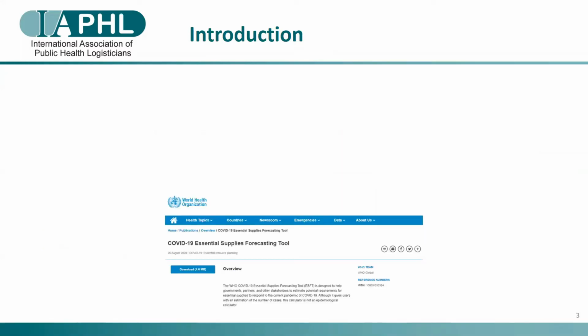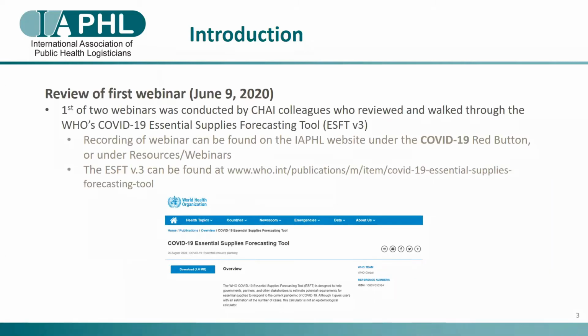This presentation probably will not make a whole lot of sense if you did not attend the first one, but we'll try our best. I encourage you, if you're interested in this tool, to go back and review the first webinar done on June 19th. It was conducted by CHAI, the Clinton Health Access Initiative colleagues who worked on WHO's COVID-19 tool, and they did a walkthrough of theirs.